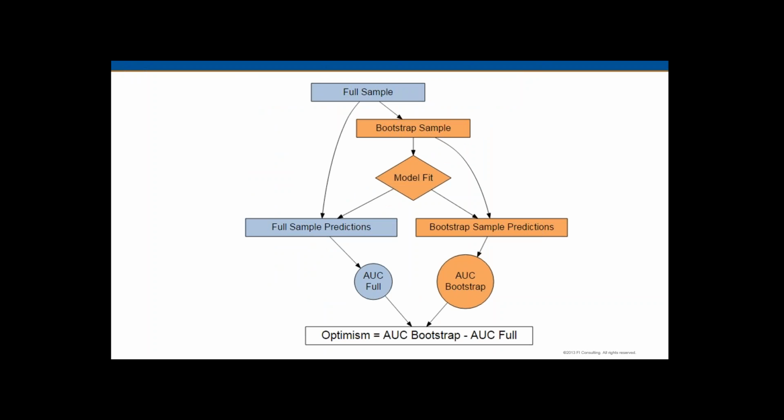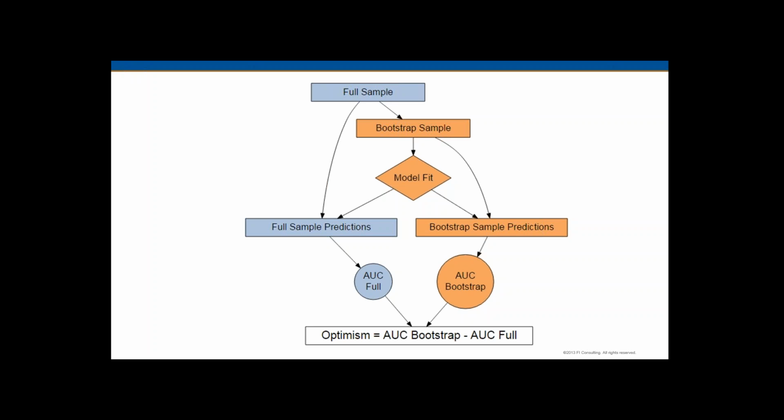And so we can estimate the level of this optimism with the following procedure. We take the full sample of the data, and then repeatedly generate bootstrap samples and fit our model to each bootstrap sample. Then we use it to make two sets of predictions. First, we predict the values for the bootstrap sample itself, and second, we predict the values for the original full sample.